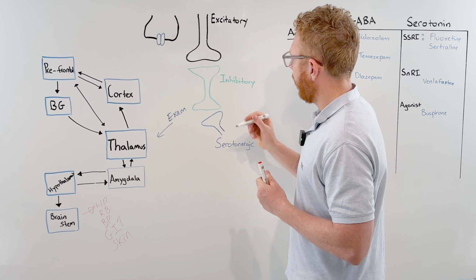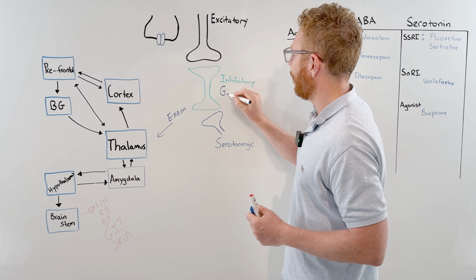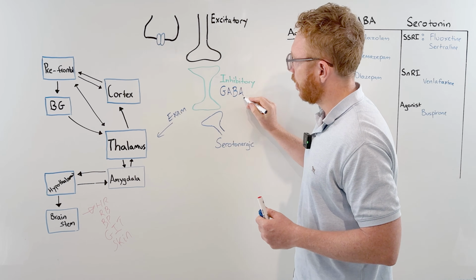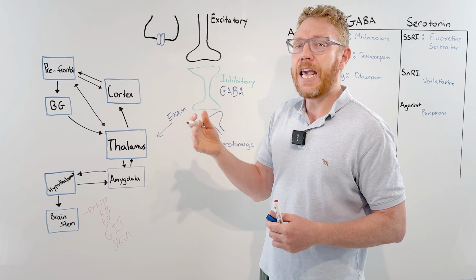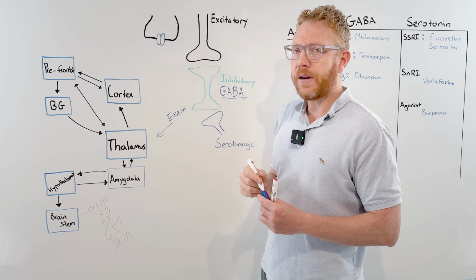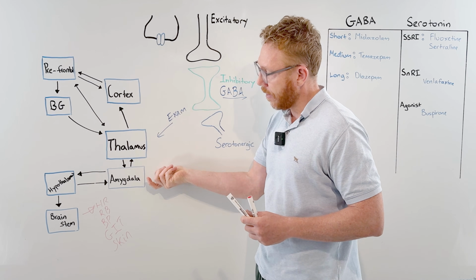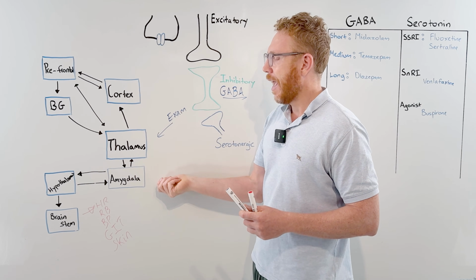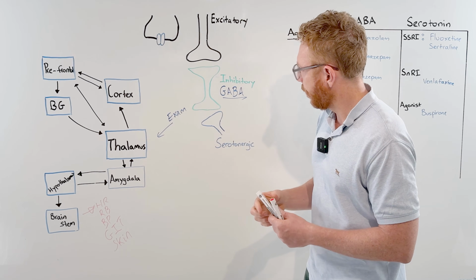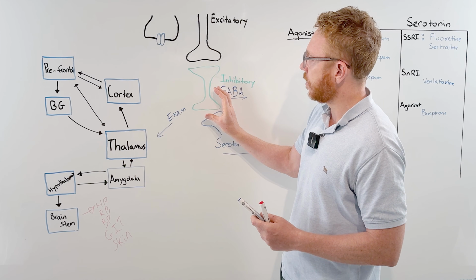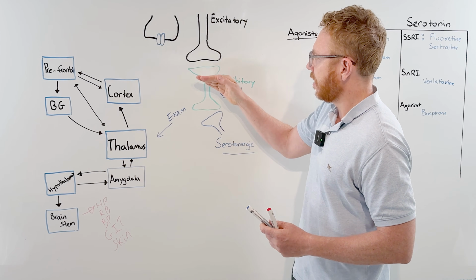One notable one is the neurotransmitter called GABA, or gamma aminobutyric acid. This is a very important inhibitory neurotransmitter that will normally help to modulate the system and work as a brake to turn anxiety down when it's not needed, as is serotonin. So serotonergic neurons can come into this system and activate it.